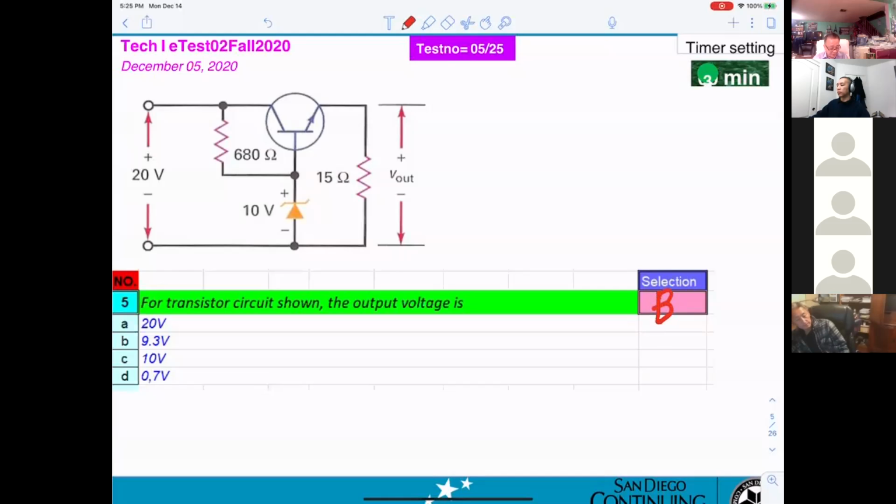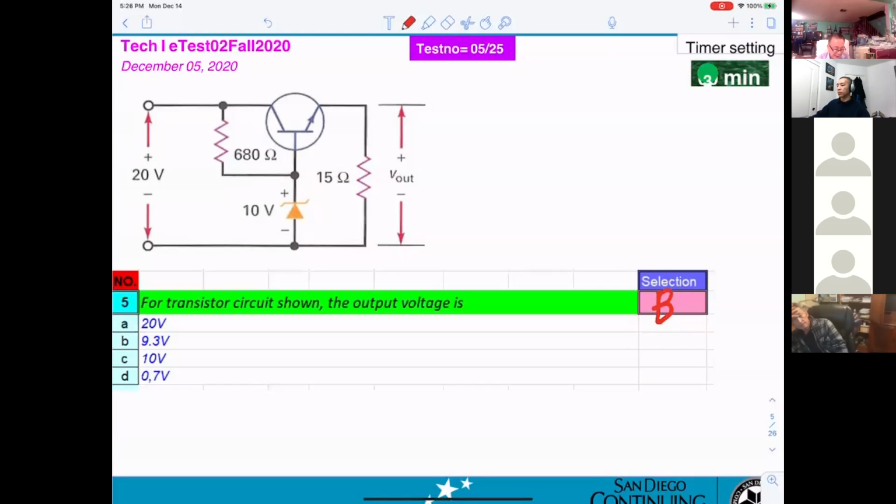Okay, B means 9.3, right? It's the Zener voltage minus the voltage drop from base to emitter. The Zener will be 10 volt.